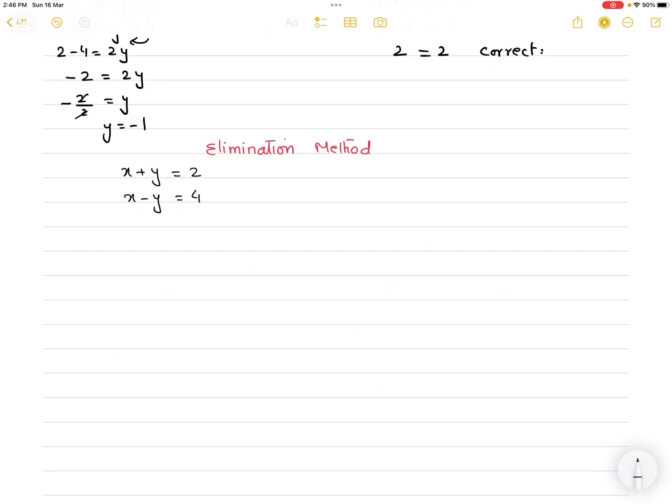So we have to check which variable has the same coefficient with opposite signs. If you notice, we have y with plus sign and y with negative sign. So this is the simplest form of two equations, so they cancel each other out and now we solve the rest of the equation.